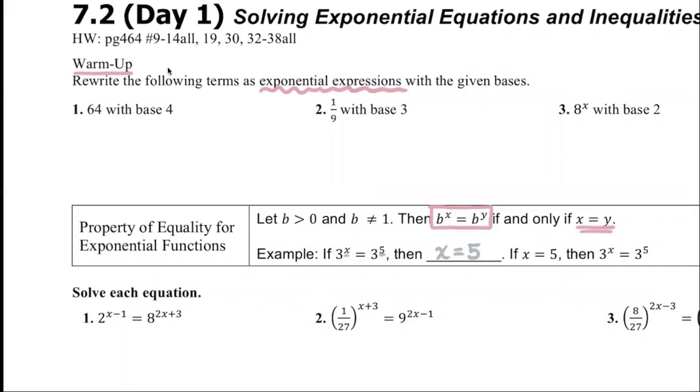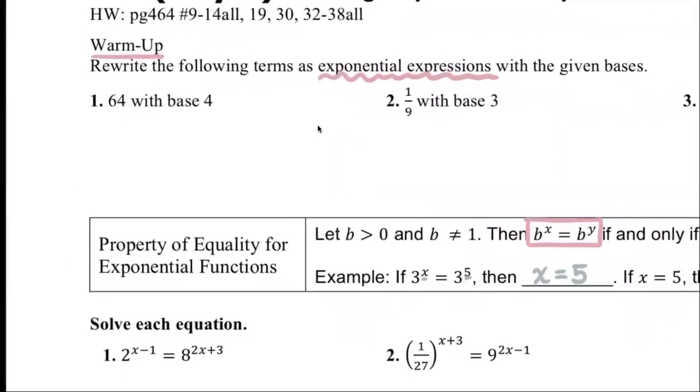So what that means is, for example, 64. If I want to write 64 in base 4, what exponent would have to be on that 4 to equal 64? Go ahead and put that in the chat. What exponent should I put up here for that to equal 64?